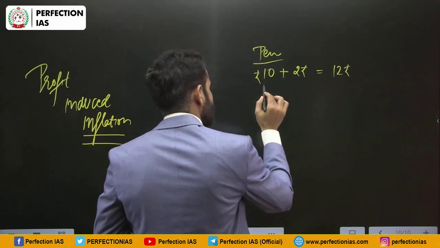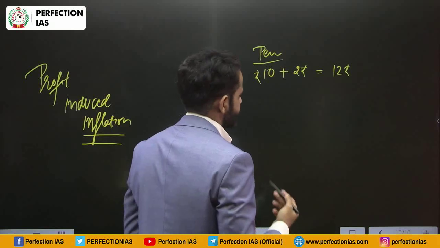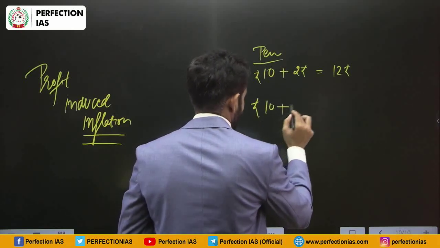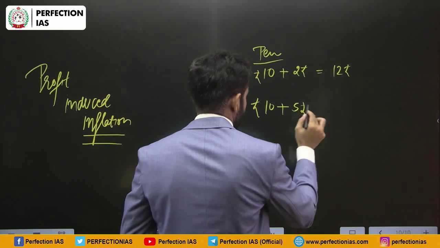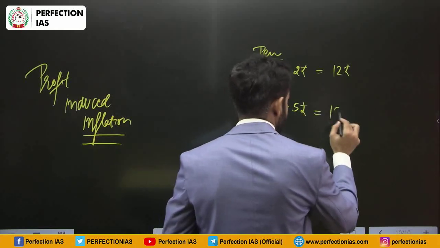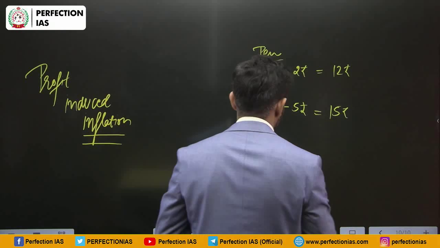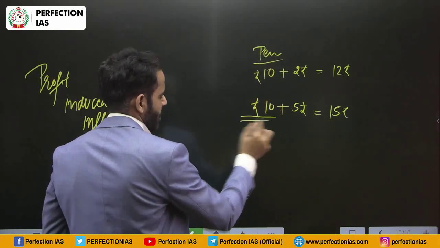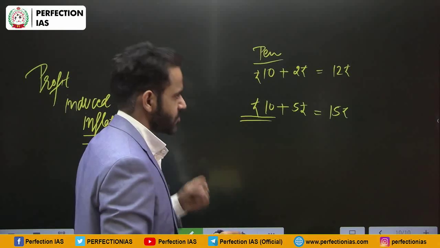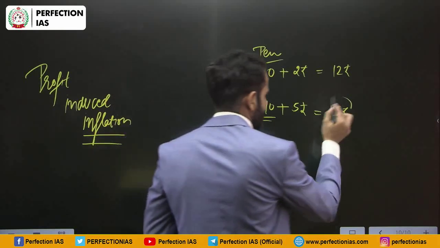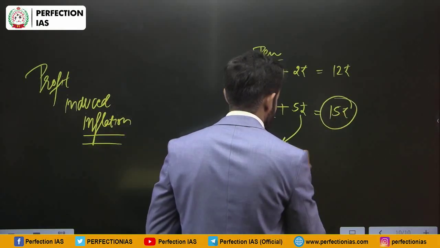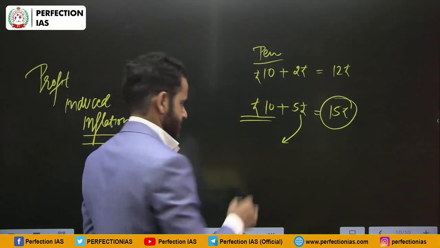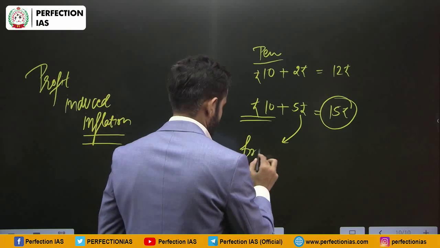Now, the company wants to increase its profit margin, so the cost of production is still 10, but now the company wants to earn 5 rupees per pen, so the price has increased to 15 rupees. Please note that in this case the cost of production has not increased, but the final price has increased. Why so? Because now the supplier wants to earn a higher profit margin.